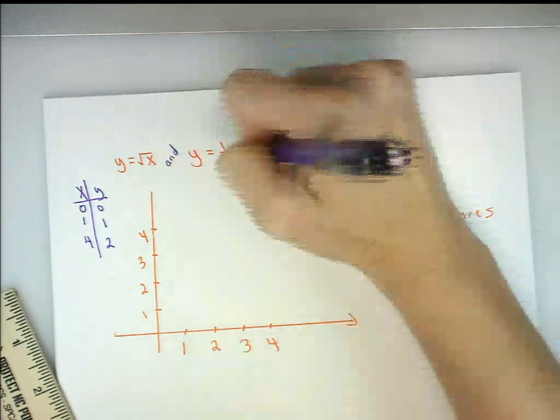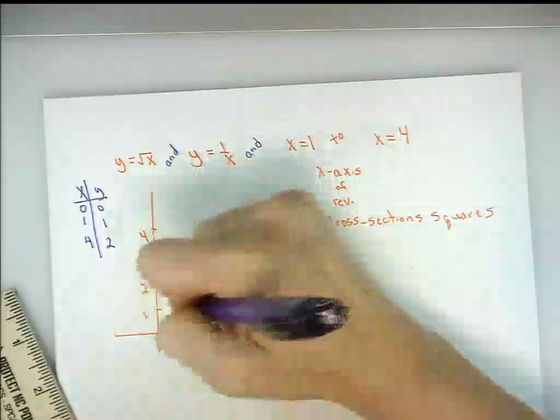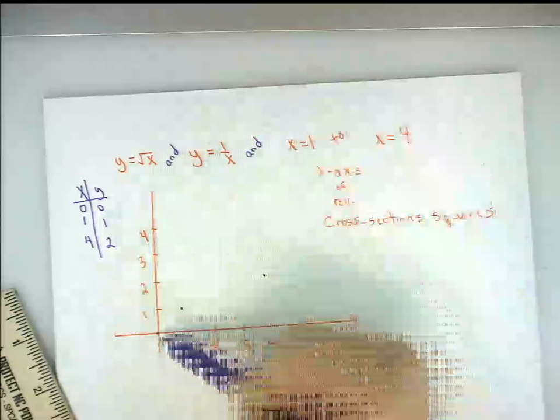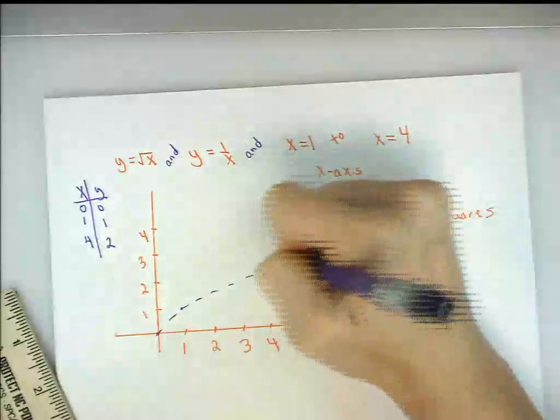Graph first and then go back in and make solid what we need. And I'll make that dotted. And I'm going to label the 4, 2.